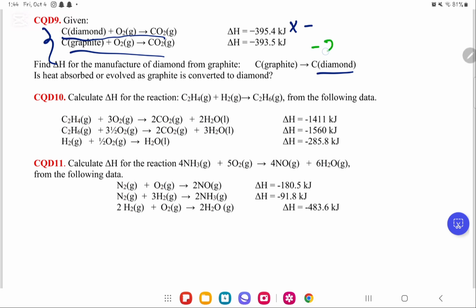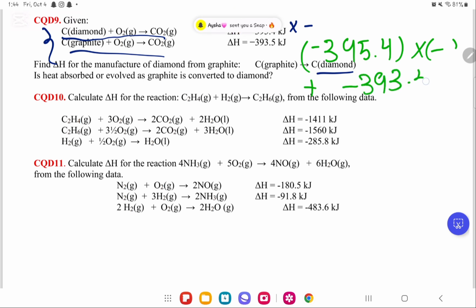So now it's minus 395.4 times negative, plus minus 393.5. So it is now minus 393.5 plus, because minus times minus gives us plus, plus 395.4.